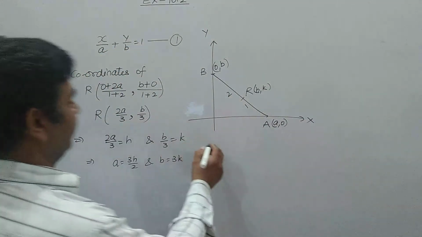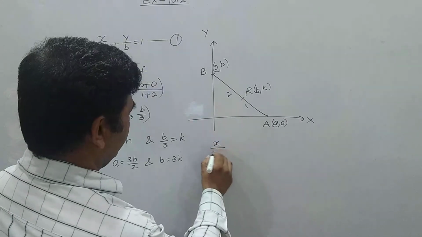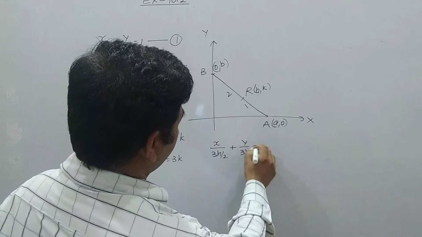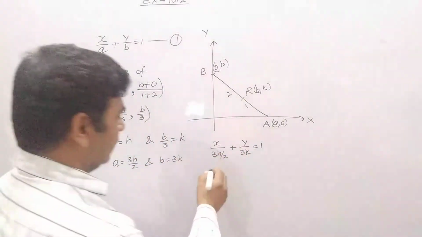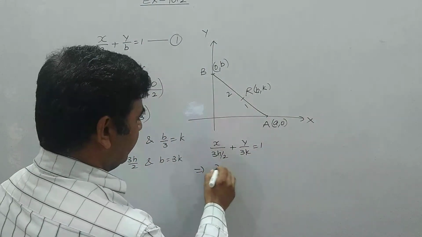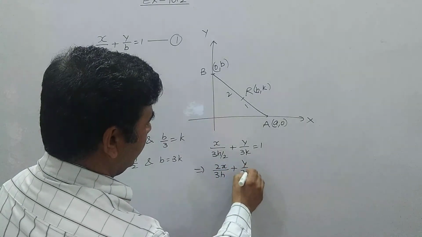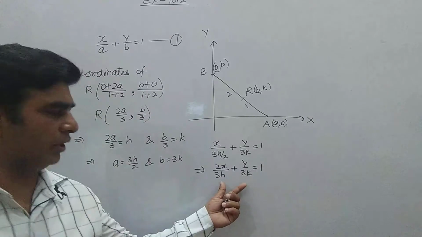So equation number 1 will be x upon 3h/2 plus y upon 3k is equal to 1. Further this can be written as 2x/3h plus y/3k is equal to 1, because 3 is common here.